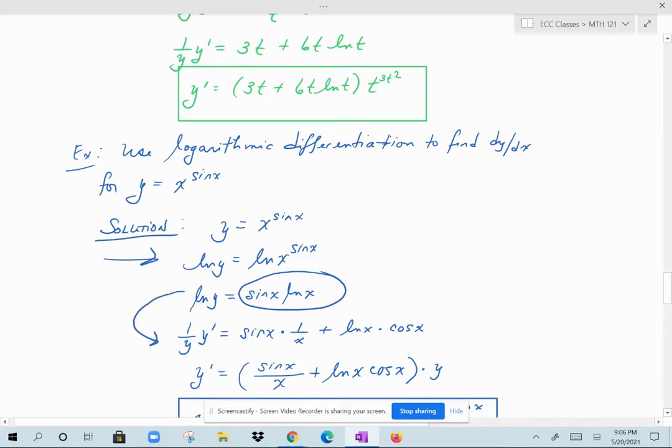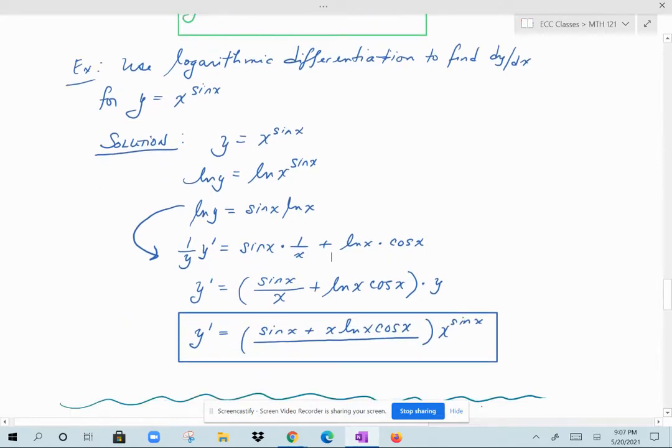So the derivative of ln of y is 1 over y times y prime, or dy/dx. And on the right side, I did f g prime, so that's sine of x times the derivative of ln x, which is 1 over x, plus, and this is g f prime, so my g is ln of x, and my f prime is cosine of x.